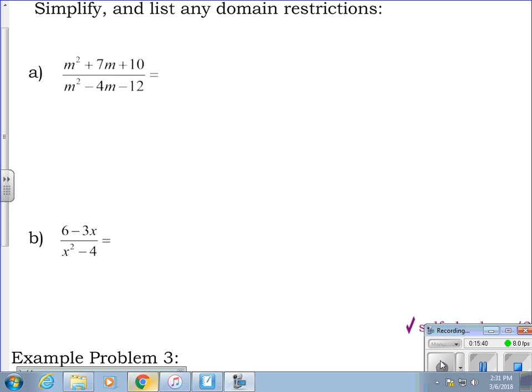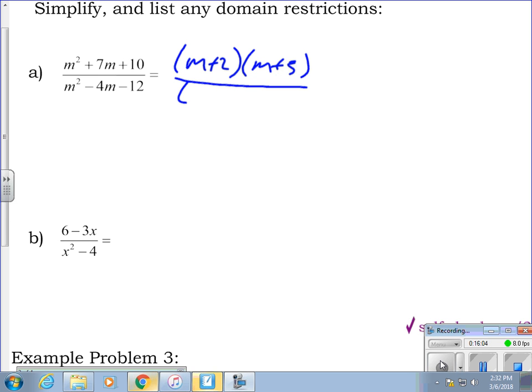So 2 things multiplied to give me 10 and add to give me 7: m plus 2, m plus 5. And my denominator, same thing. 2 numbers that multiply to give me negative 12 and add to give me negative 4. And here's a hint. More than likely, one of your factors in your numerator is going to be one of your factors in your denominator.